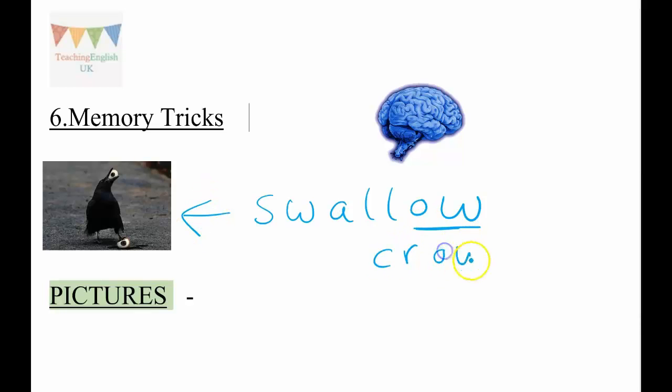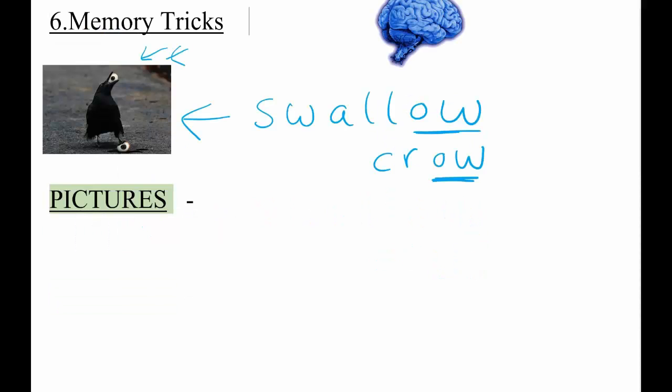Another memory trick is trying to visualize or make pictures with the words that we want to remember. So, for example, with the word swallow, you could visualize maybe a crow, which has a similar spelling at the end, actually eating something, swallowing something. Alternatively, you could create another picture. Firstly, maybe we could use one of the other strategies, which is to find a small word in a longer word.